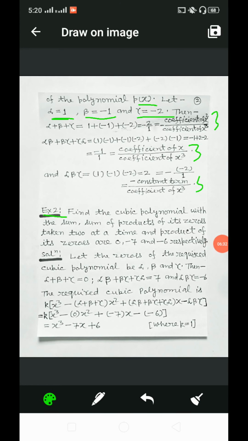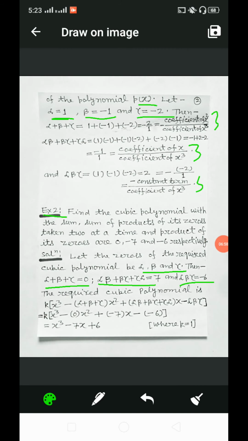Let us find the solution. Let the zeros of the required cubic polynomial be alpha, beta and gamma. Then alpha plus beta plus gamma equal to 0, alpha beta plus beta gamma plus gamma alpha equal to minus 7, and alpha beta gamma is equal to minus 6.